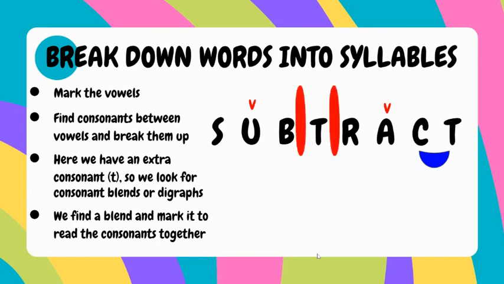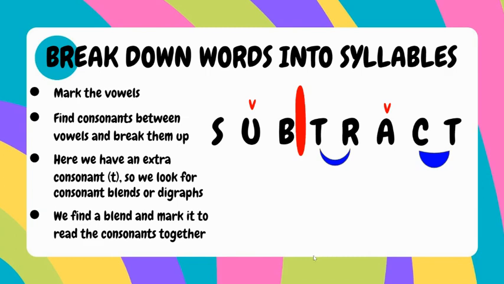Our scholars might try to split up the T and the R, but we want to let our scholars know that when we have the TR sound, we have a digraph alert, right? And so they need to know that the TR makes one sound. And then we have the CT and how it's important for them to blend the C and the T together to make sure it's flowing.